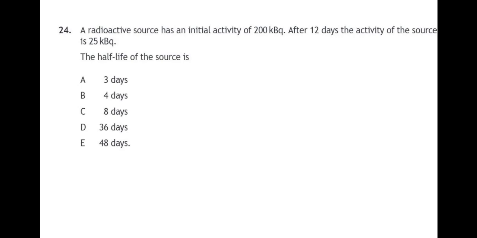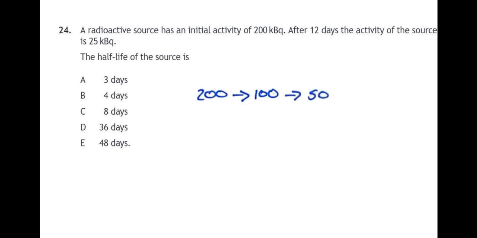Question number 24. A radioactive source has initial activity of 200 kilobecquerels. After 12 days, the activity of the source is 25 kilobecquerels. The half-life of the source is... So, we're starting at 200 kilobecquerels. After one half-life, that will have dropped to 100 kilobecquerels.